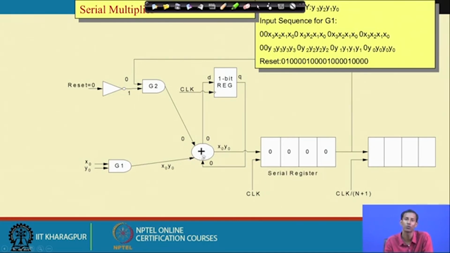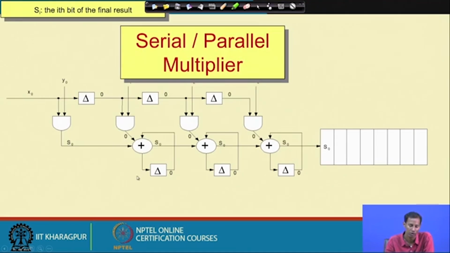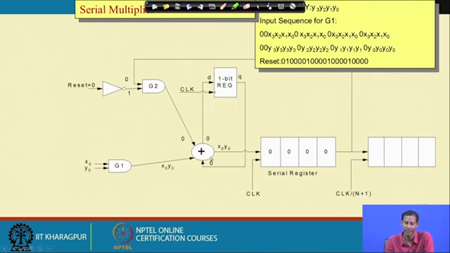But here in this case we need an addition operation, because we have to generate each of these partial products using an AND gate, and then the corresponding partial products will be added over here and passed through one serial register. This is the serial multiplication architecture, the very basic of multiplication.